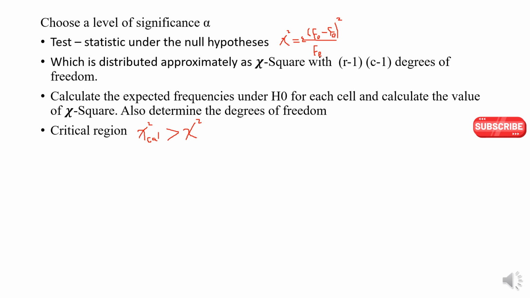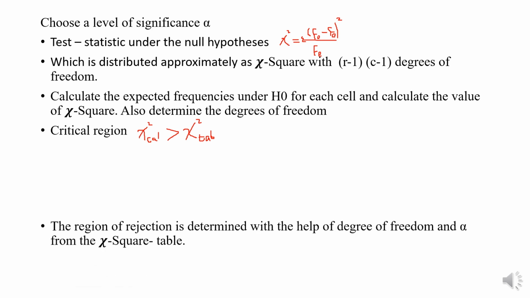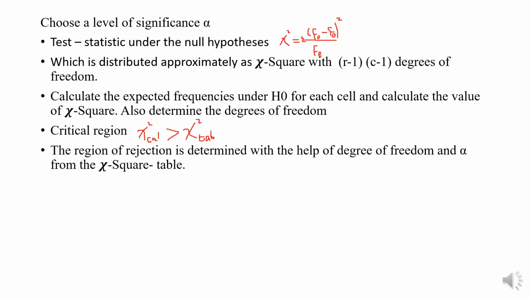The tabulated value we can write here TAB. So this is the critical region. The region of rejection is determined with the help of degree of freedom and alpha from the chi-square table.